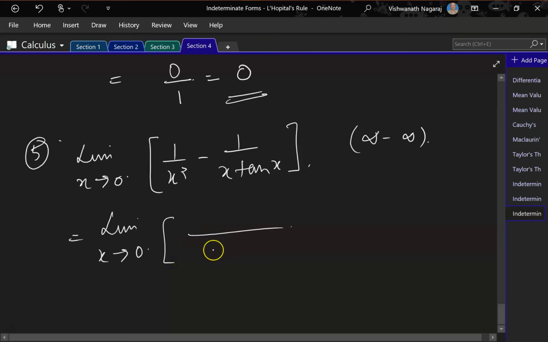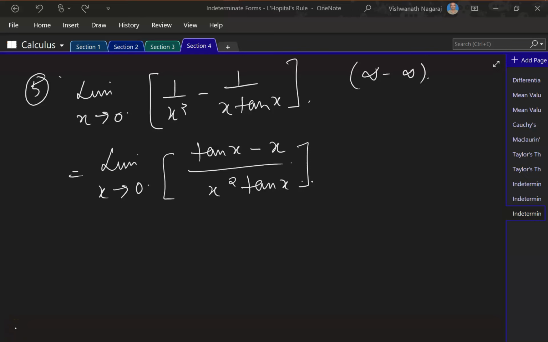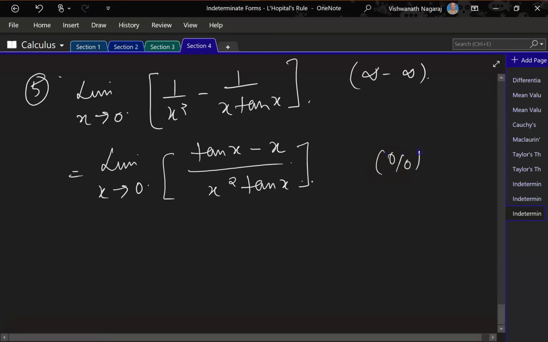The common denominator would be x square tan x. This would be tan x minus x. So the denominator is 0, tan 0 is 0, minus 0. So this is now 0 by 0 form.